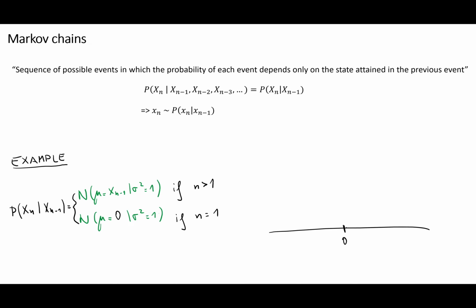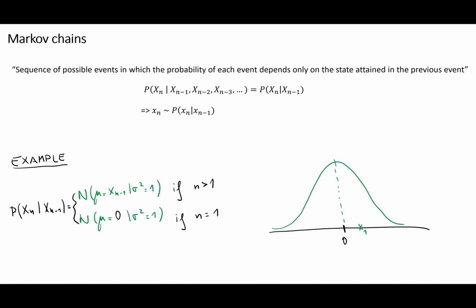So let's start. We have this axis, we are in the state 0, and this is our normal distribution centered at 0. Now if you ask me what's the next state, I will just generate a number from this normal distribution.